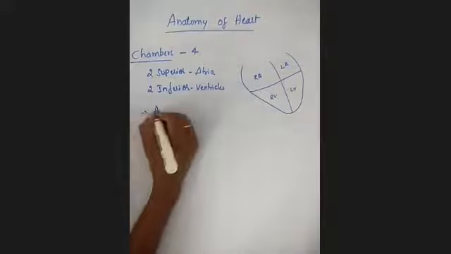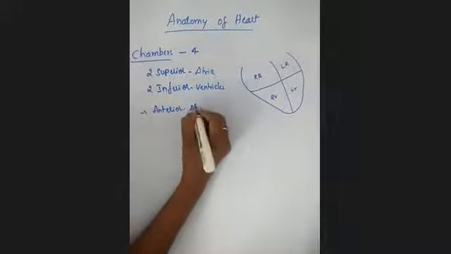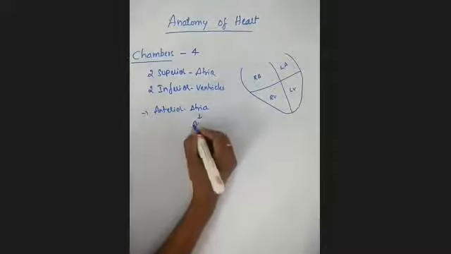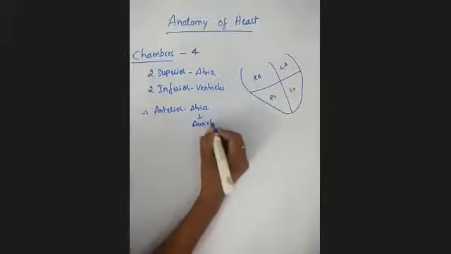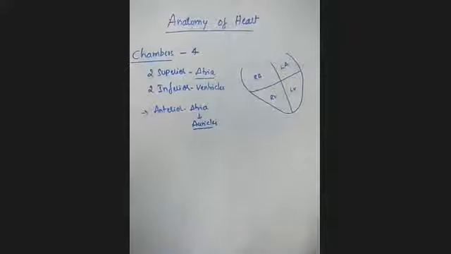Now the anterior surface of each atria has pouch-like structures, which you will call auricles. Clear? Auricle is different and atria is different.